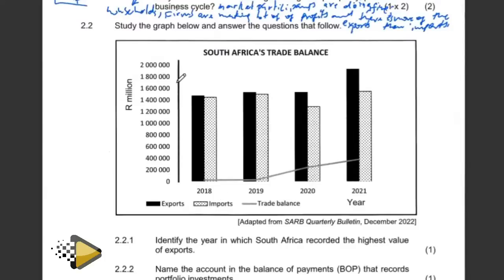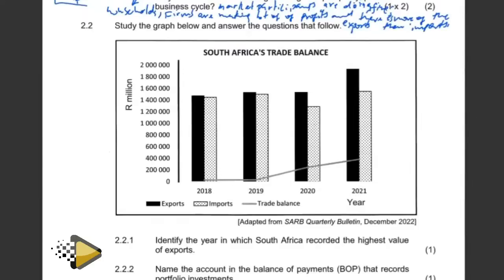So if you check on our y-axis, we have monetary value in millions, and on our x-axis we have the number of years from 2018 up until 2021.